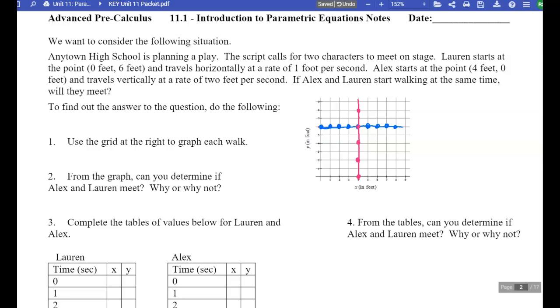Now, from the graph, can you determine if Alex and Lauren meet? Why or why not? Can we determine if they meet based on this graph?